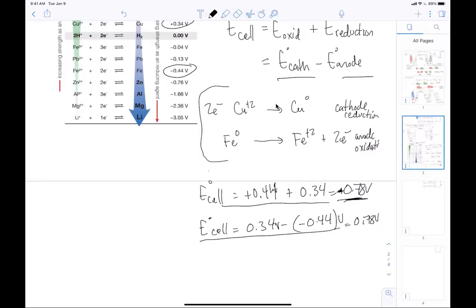All right, do you guys have any specific questions? Question 2 on homework 9. Let's take a look.